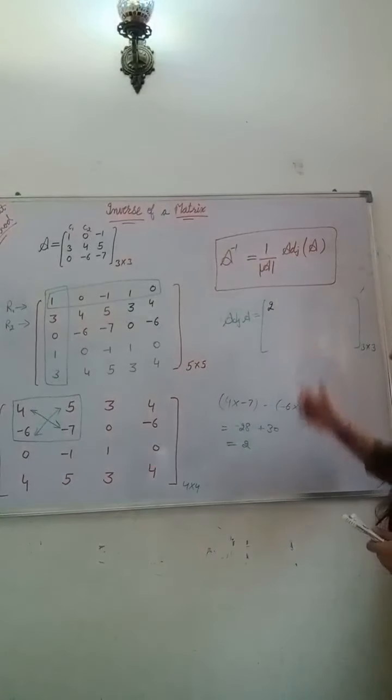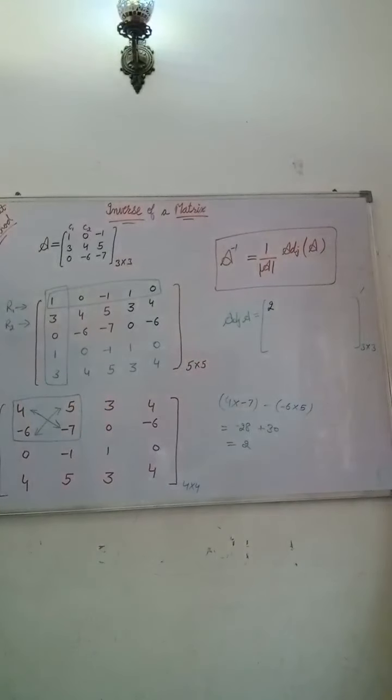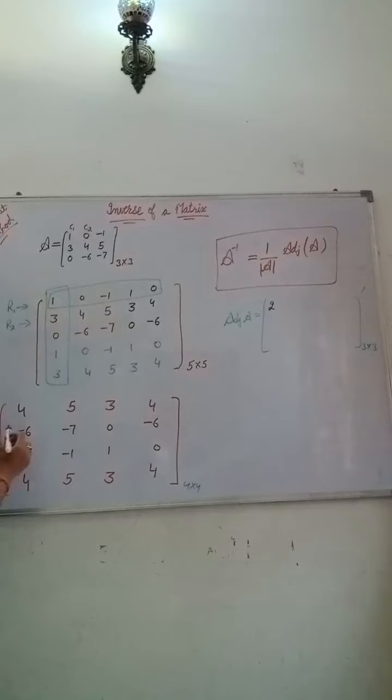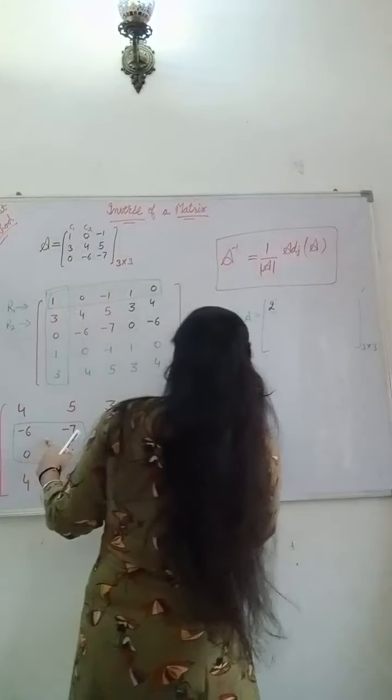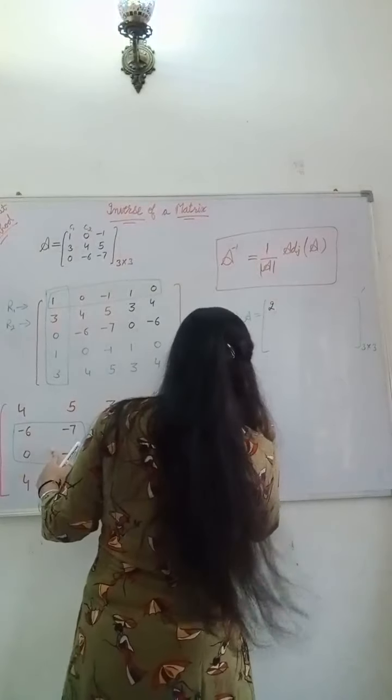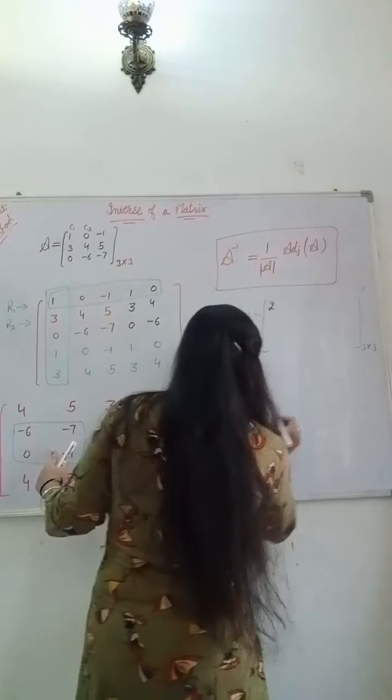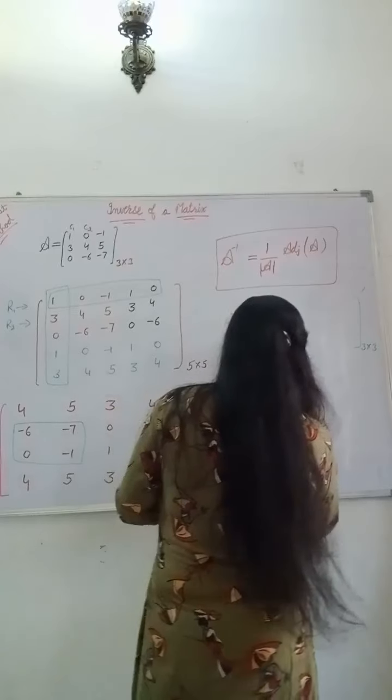Now take these elements. Now do the cross multiplication here. Minus 6 into minus 1, put here a subtraction sign, 0 into minus 7.